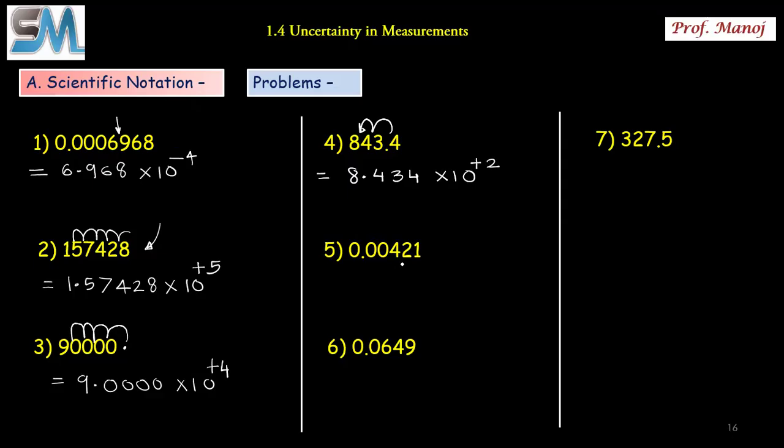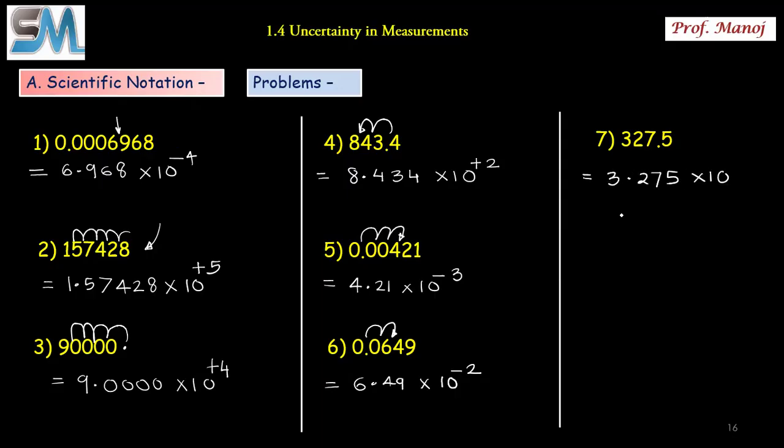So this will be plus 2. 4.21 into 10 raised to... Shifted it 1, 2 and 3 places, minus 3. 6.49 into 10 raised to 1 and 2, minus 2. 3.275 into 10 raised to... Shifted 1 and 2. So 10 raised to positive 2.